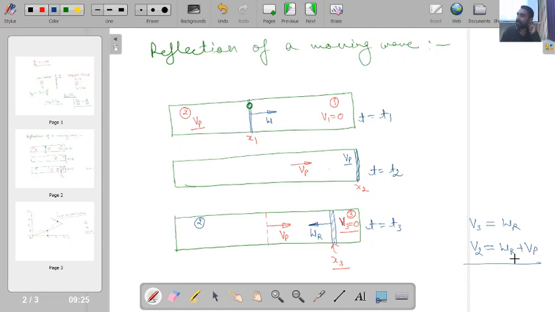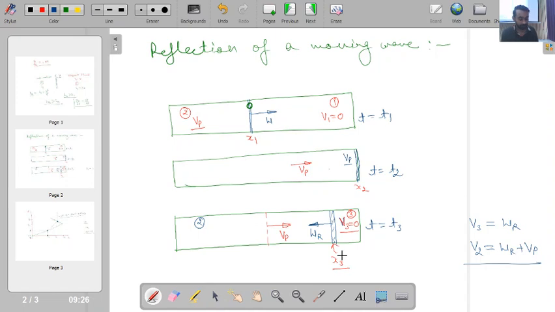So the observer will feel that this fluid is moving away with some velocity WR, and this fluid is approaching with velocity WR plus Vp. For this reflected shock wave, this fluid medium has become incident with velocity WR plus Vp, and the medium behind the shock wave has become the downstream medium.